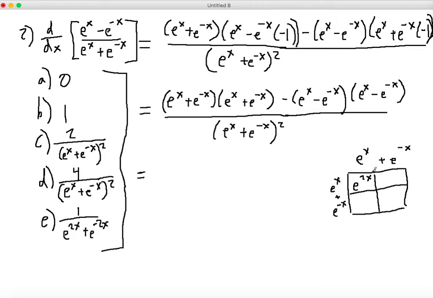You're going to add together the exponents, so e to the x times e to the negative x is the same thing as e to the x plus negative x, which cancels each other out, e to the 0, which is equal to 1. And here, e to the negative x times e to the negative x is e to the negative 2x.